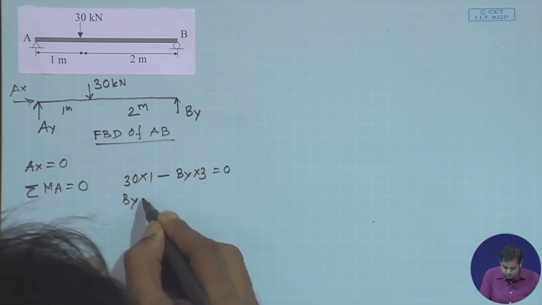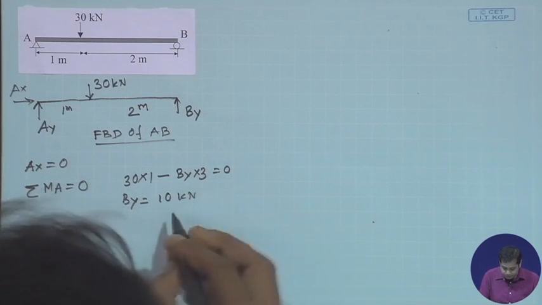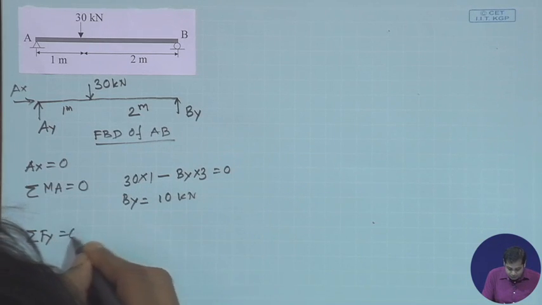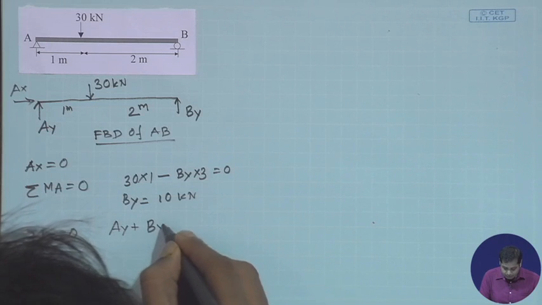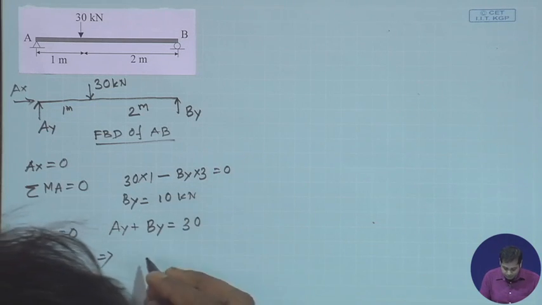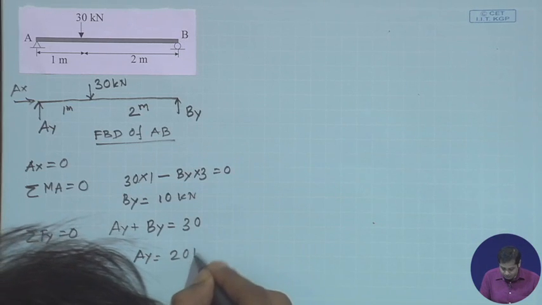This gives you By is equal to 10 kilonewton. And similarly, if you take Fy is equal to 0, Ay plus By is equal to 30, substituting By is equal to 10, Ay is equal to 20 kilonewton.